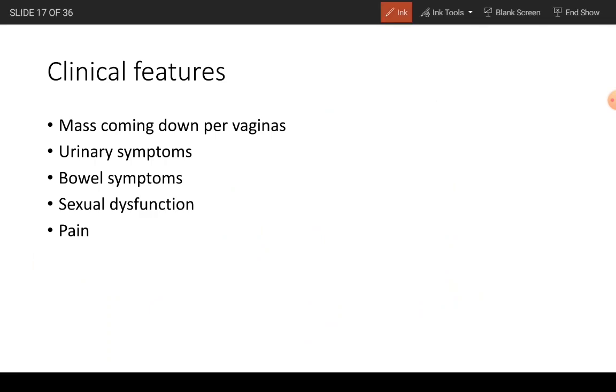Clinical features. So the feeling of a mass coming down per vagina. Either you can see the bulge or you get the sensation of something there. You get a heaviness, urinary symptoms. You will have increased frequency of urine.